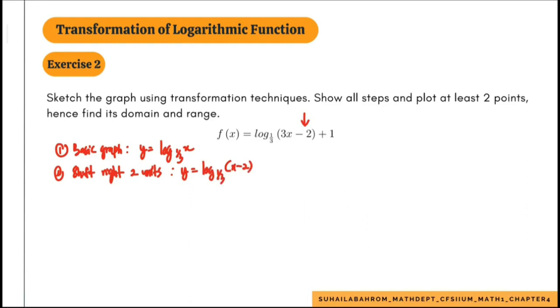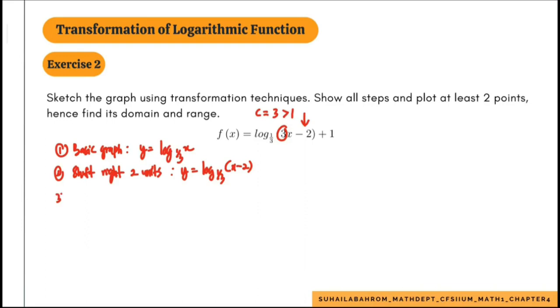Okay, the next one, we have to check if there is any reflection or stretch or compress, so we need to apply that first. We have a factor 3 here. This factor 3 shows that there will be a horizontal change. It's either compress or stretch, depending on the value of c. Since our c is 3, which is bigger than 1, there will be a horizontal compression.